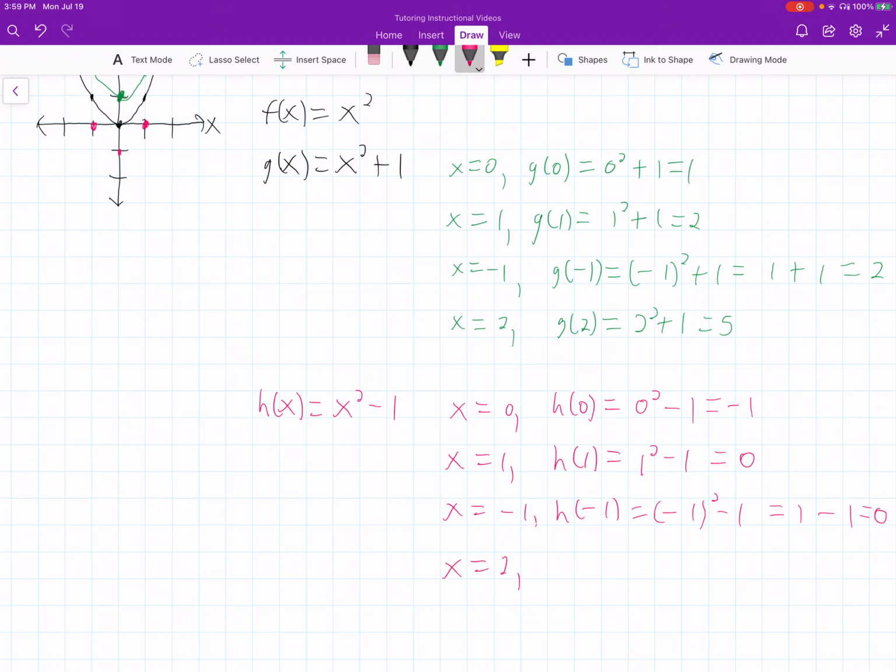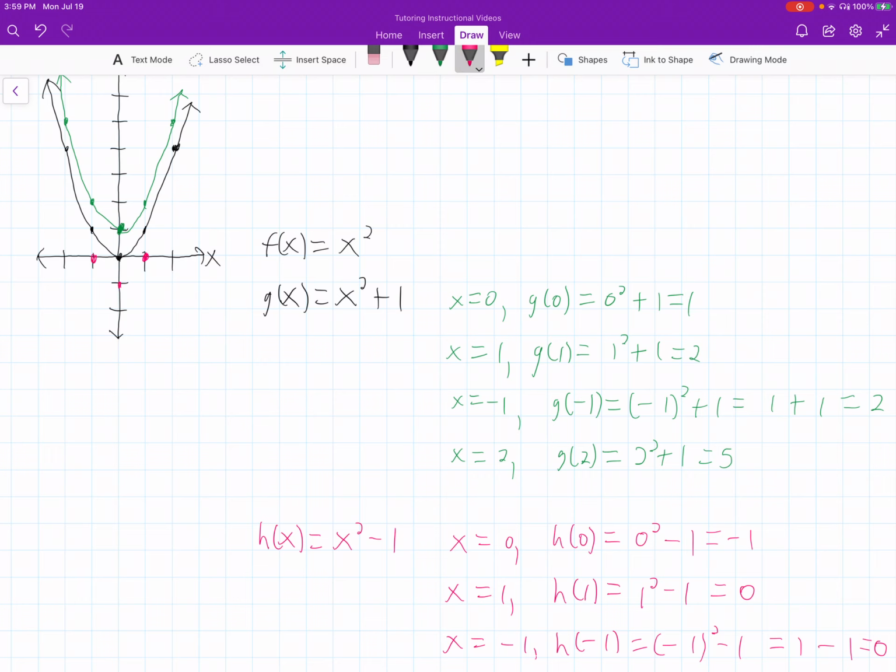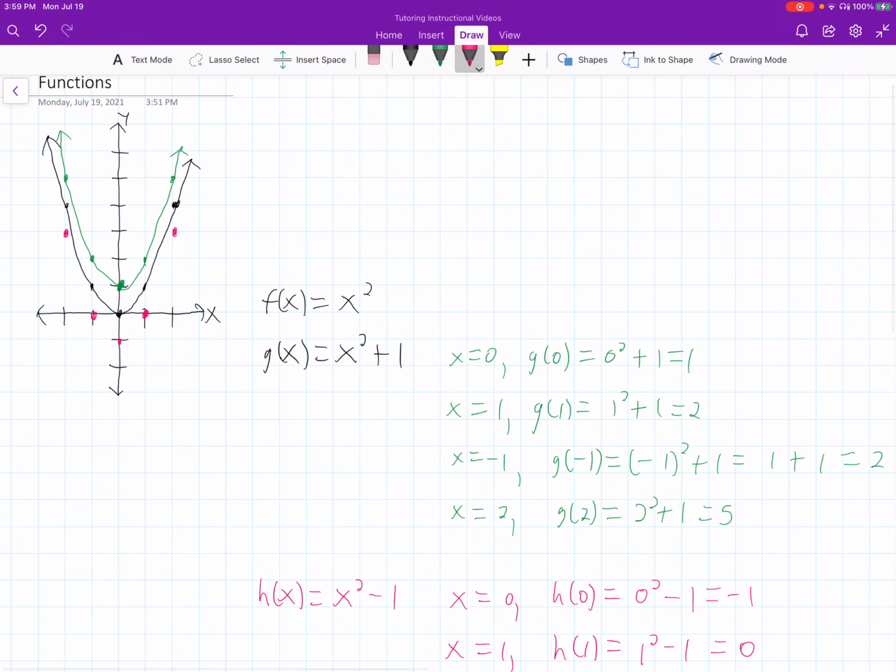So I'm just going to do x is 2, h of 2 is 2 squared minus 1, which is 3. And because of what I just said, h of negative 2 is also positive 3. And now if I sketch the graph, it looks something like this.